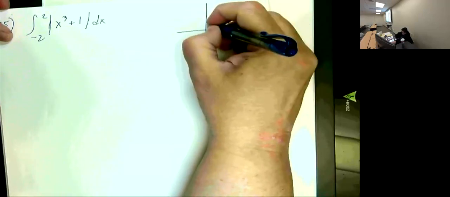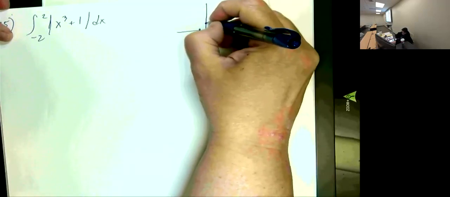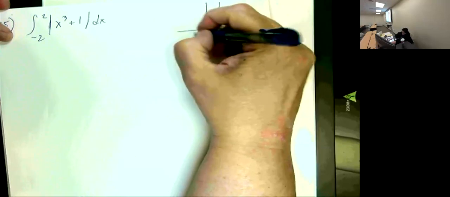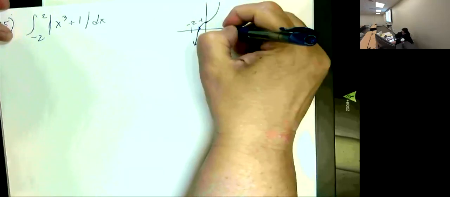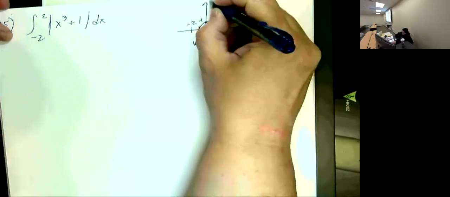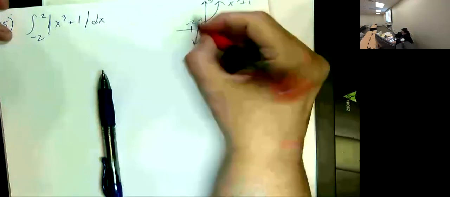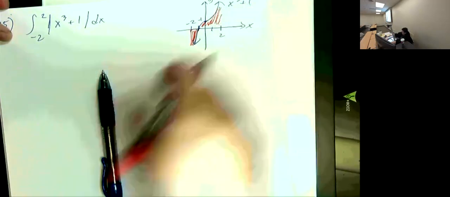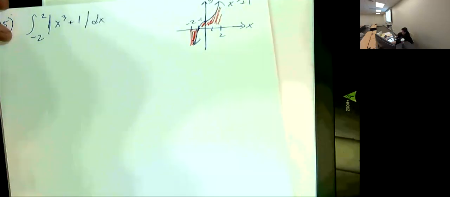The integral from -2 to 2 of the absolute value of x cubed plus 1 dx. The absolute value of x cubed plus 1 is like this. Which means from -2 to -1, it's negative. So what we need to do is split this up.